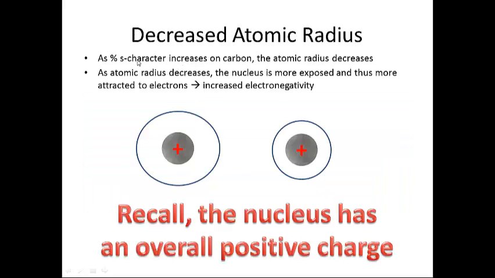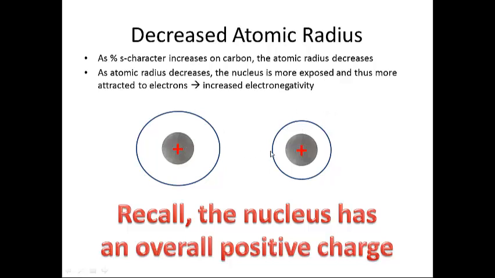As s character increases on the carbon, the atomic radius shrinks. So the atomic radius decreases, and as the atomic radius decreases, if you remember from general chemistry, the nucleus has protons and neutrons in it. So the protons, or the positive charge in the nucleus, because the nucleus is positive, and the electrons that surround the nucleus are negative.